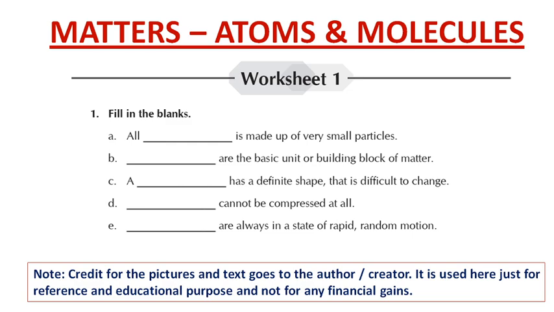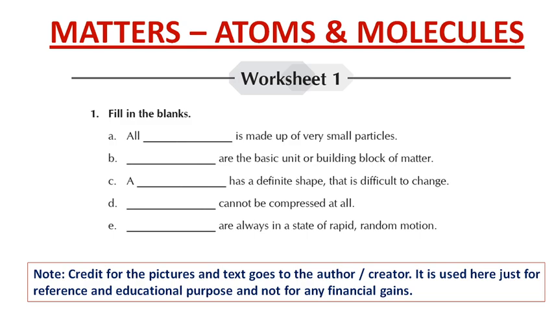The very first question we are going to discuss is fill in the blanks. What is written? All dash is made up of very small particles. What we discussed: matter. Yes, all matter is made up of very small particles.